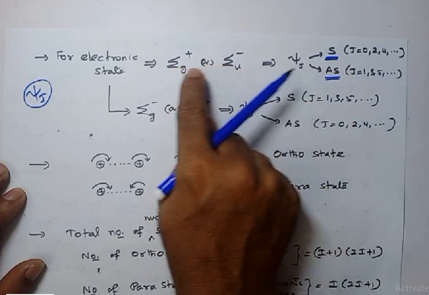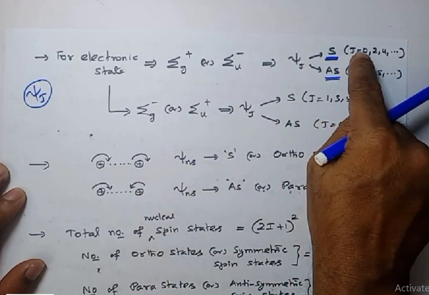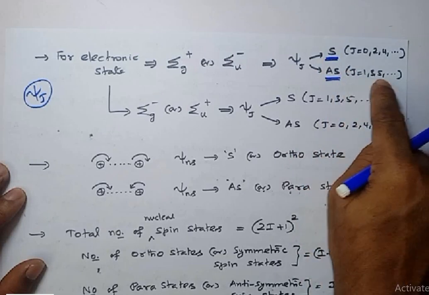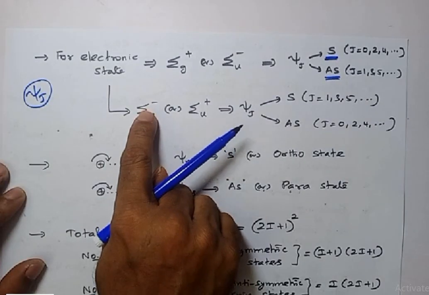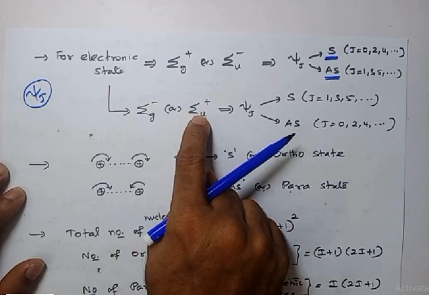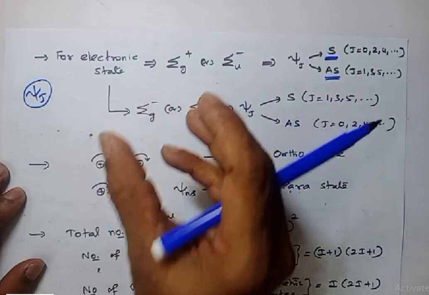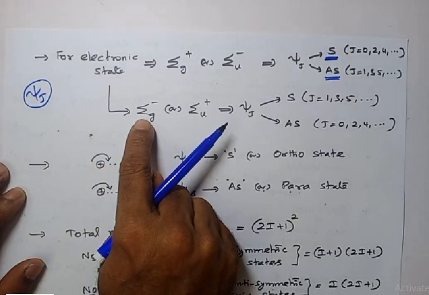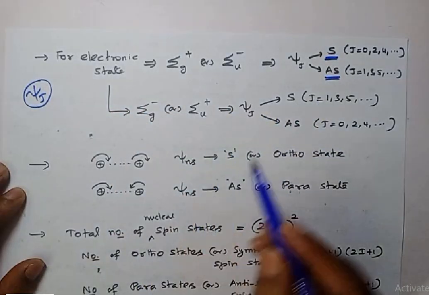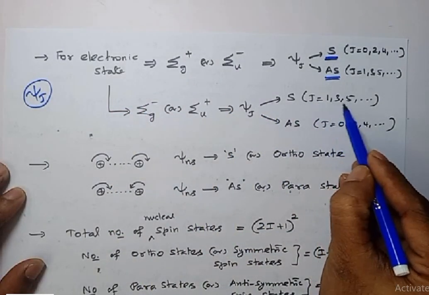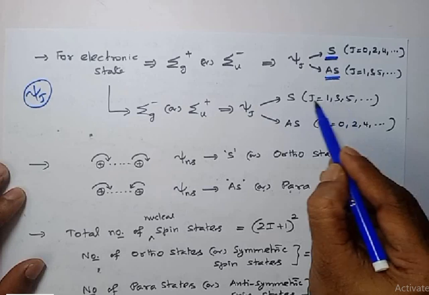So for these electronic states, even J values are symmetric, odd J values are antisymmetric. Similarly, if the molecule belongs to sigma gerade minus or sigma ungerade plus, they are all term symbols, the electronic state term symbol for a diatomic molecule, then in these electronic states the odd J numbers, 1, 3, 5, etc., are symmetric.